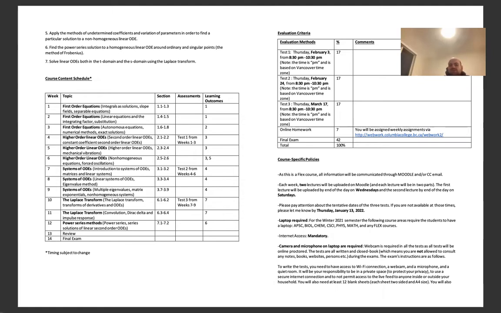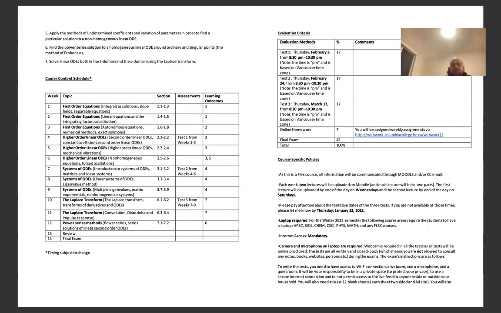Remember, a differential equation is an equation that relates derivatives of a function with the function itself. If the highest derivative appearing is the first derivative, then that's called a first order differential equation. So first we will learn about first order differential equations and how we can solve them, and some applications, of course.